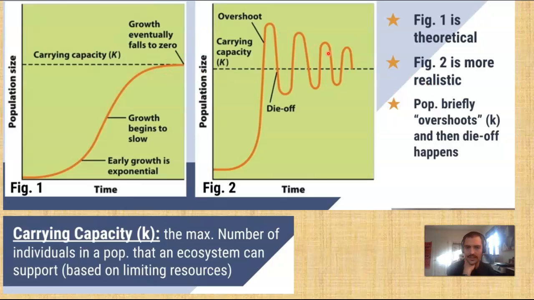But in real life, this is what it looks like. It goes way past how many animals can live in the ecosystem, and then there's a big die-off, and then it eventually undulates and goes back and forth due to seasons and what predators are there, and it'll kind of get closer to that line, as you can see.